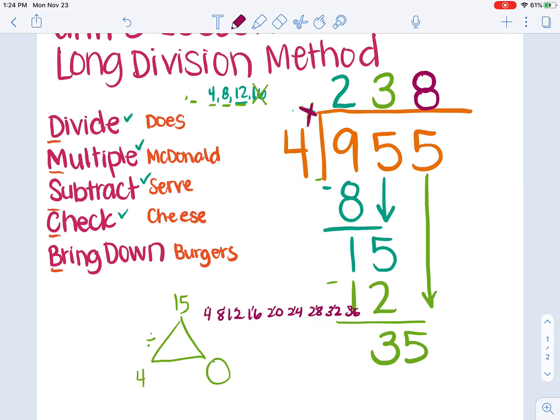And we know that 4 times 8 is 32. Now I'm subtracting. 35 minus 32 is 3. Check. Is 3 smaller than 4? Yep. Bring down. I don't have anything else to bring down. My remainder is 3.